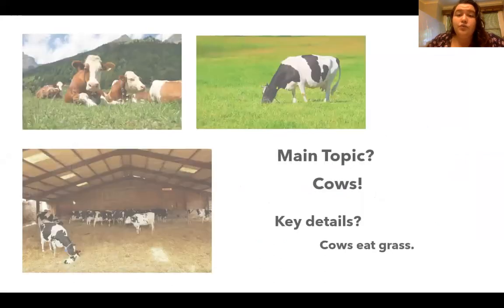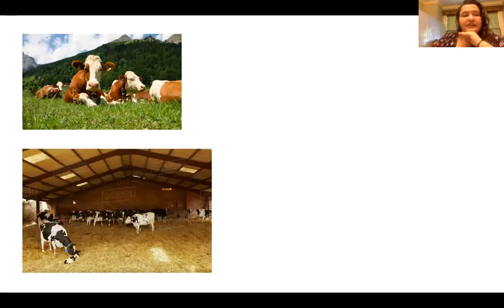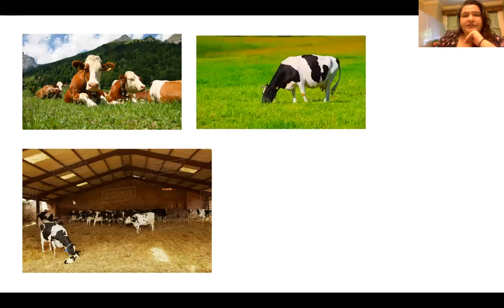Now, when finding out main topic and key details, we can use pictures or the words. So we can use both of them to help us figure out main topic and key details. So if I'm looking at a story and these are the pictures in the story, I've got this picture, this picture, this picture, and then I need to figure out the main topic.